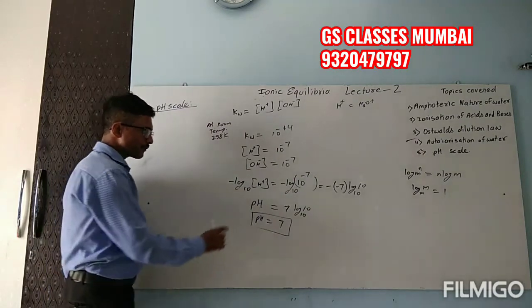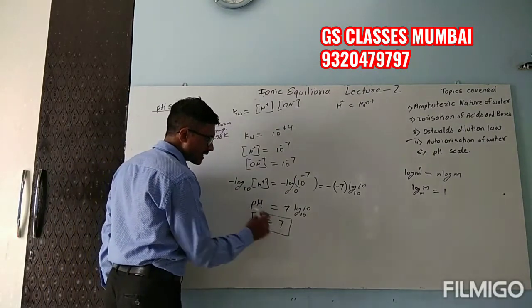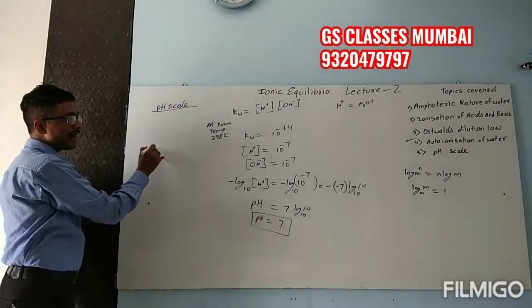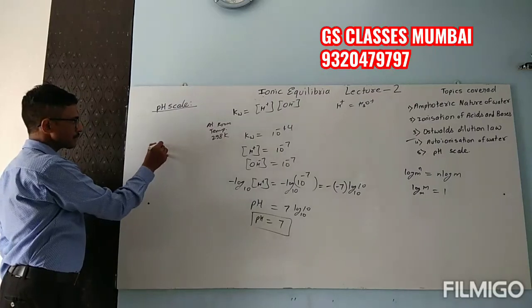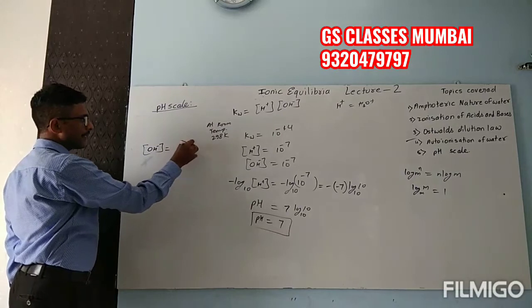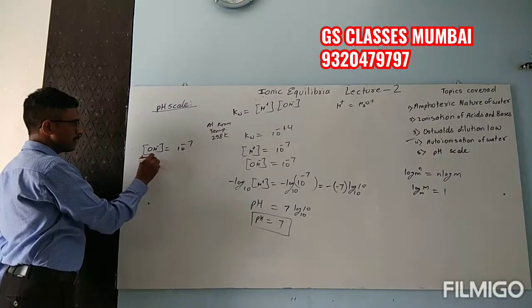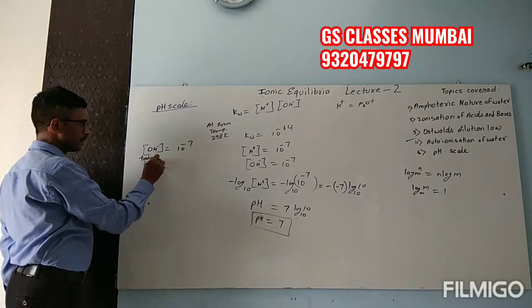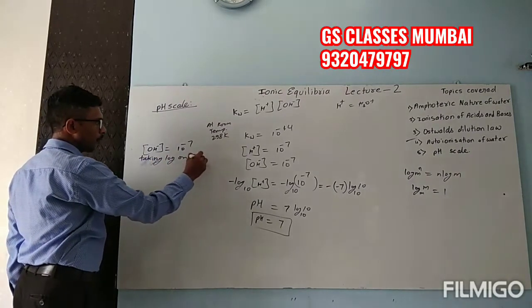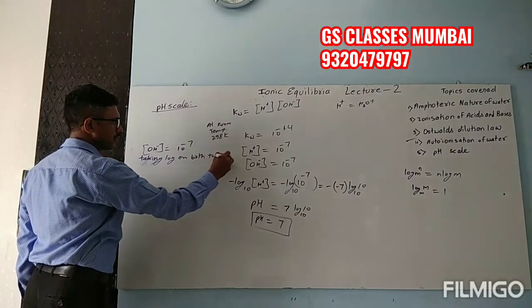Now children, pH value is now 7. Similarly, I can obtain hydroxide ion concentration by writing 10 to the power minus 7, taking log on both the sides.